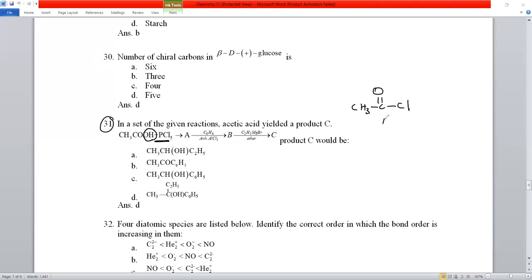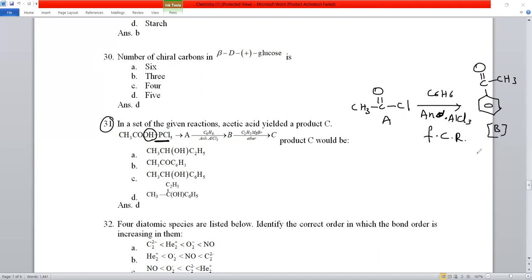Acetyl chloride is the product A, and treating with benzene, C6H6, in the presence of anhydrous AlCl3. What reaction is this? One famous reaction, the Friedel-Crafts reaction. So we get the Friedel-Crafts acylation product, COCH3, acetophenone. So this is compound B.